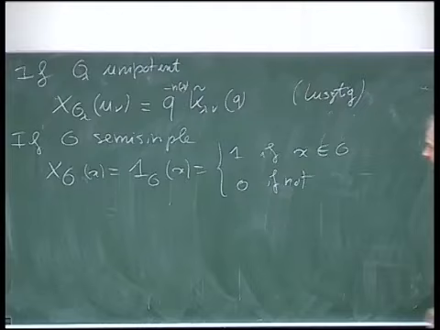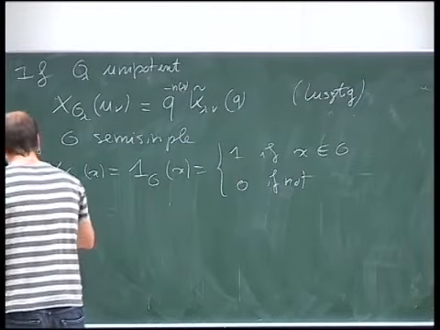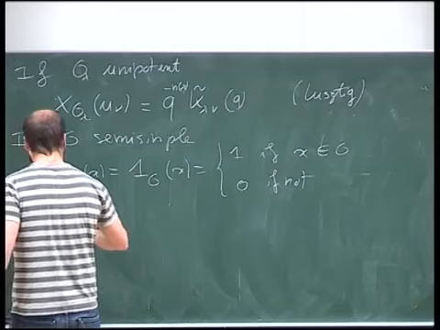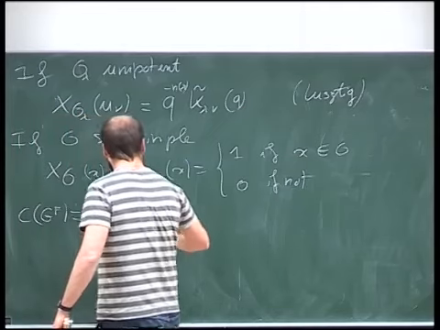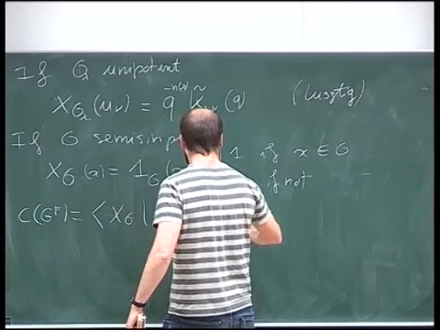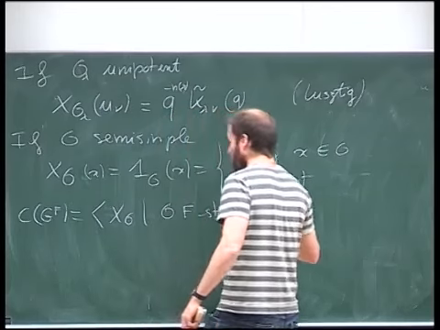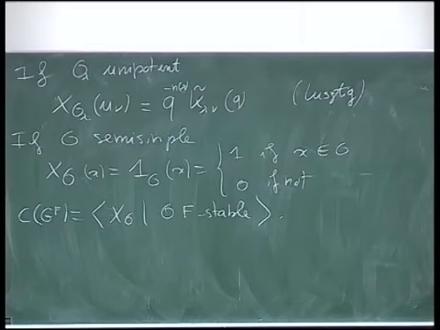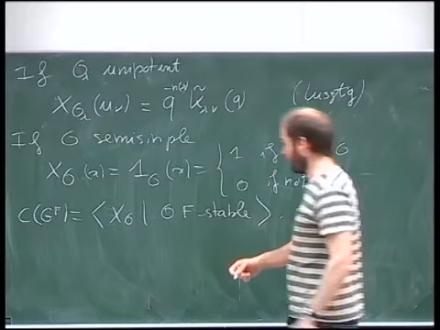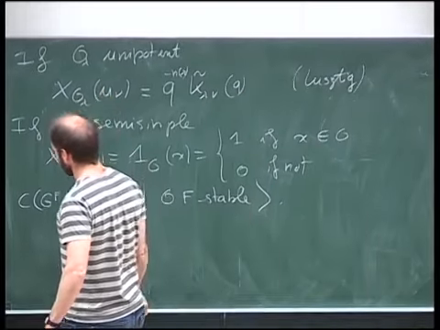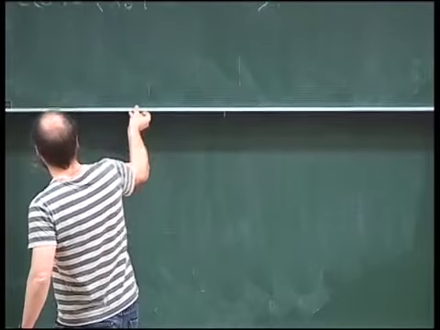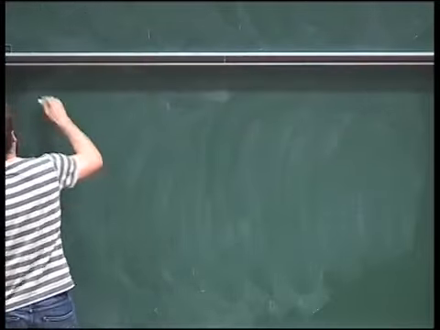So now they form a basis of this space, chi_O, where O is an F-stable conjugacy class. And then we are interested in the two different ring structures on C(G^F). So the first one is using the convolution product.